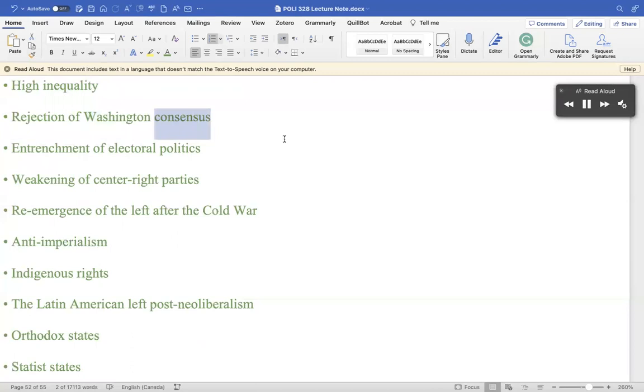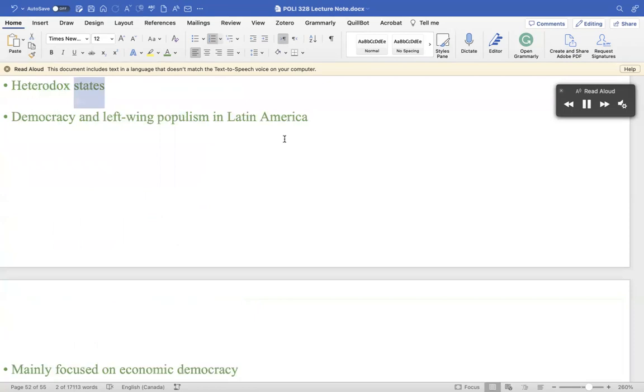Rejection of Washington consensus and entrenchment of electoral politics. Weakening of center-right parties. Re-emergence of the left after the Cold War. Anti-imperialism. Indigenous rights. The Latin American left post-neoliberalism. Orthodox states. Statist states. Heterodox states.